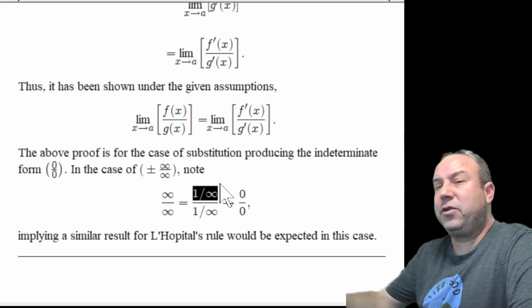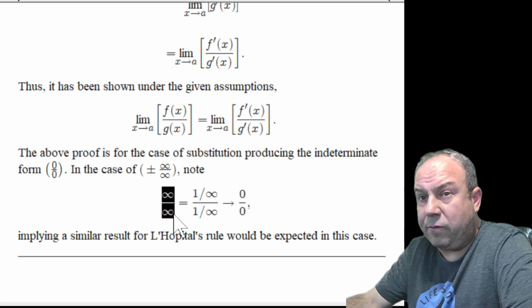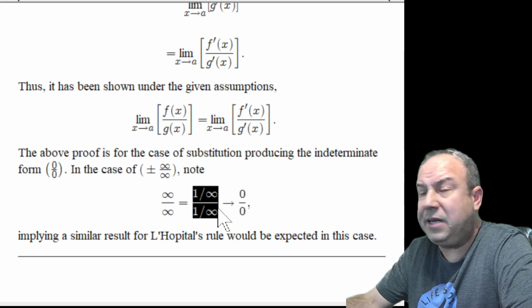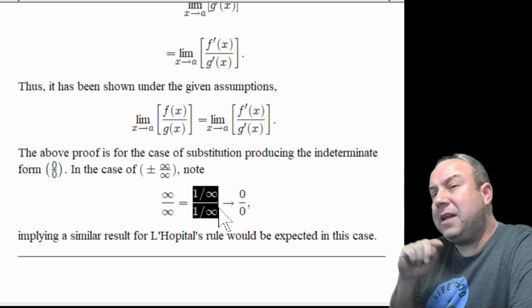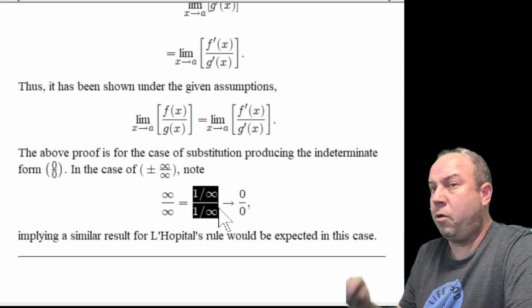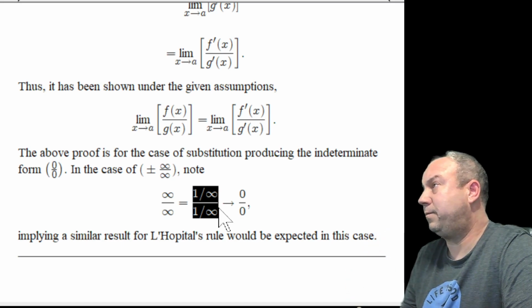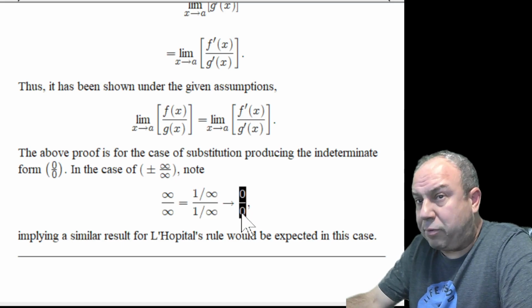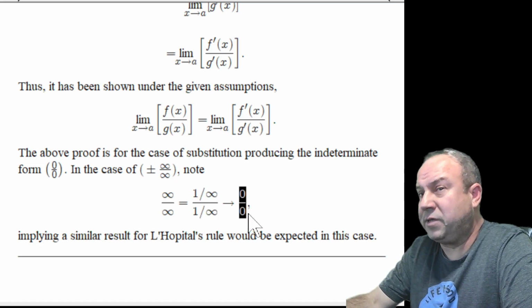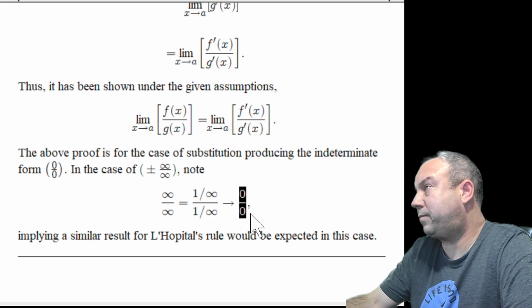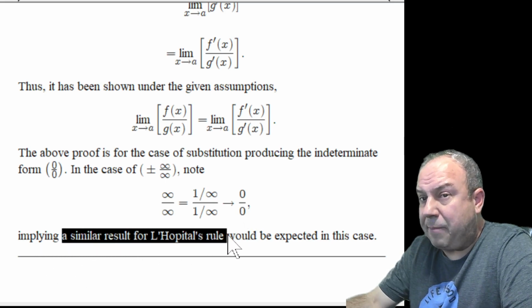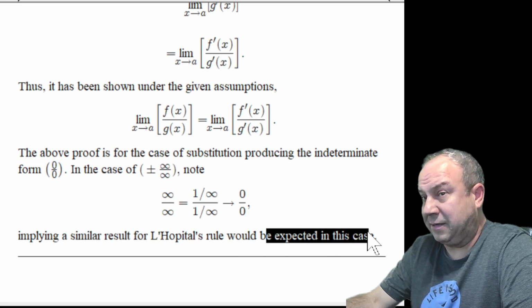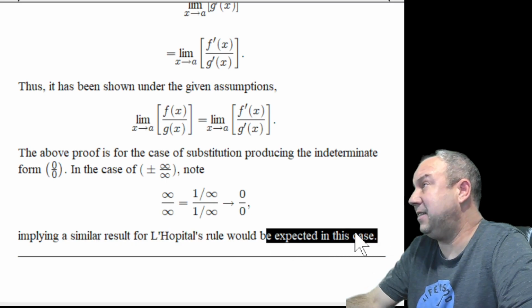And what we see for the behavior of infinity over infinity, or its equivalent 1 over infinity divided by 1 over infinity, is that it is actually approaching 0 over 0 in value. It is approaching this indeterminate form 0 over 0, implying a similar result for L'Hopital's rule would be expected in this case.